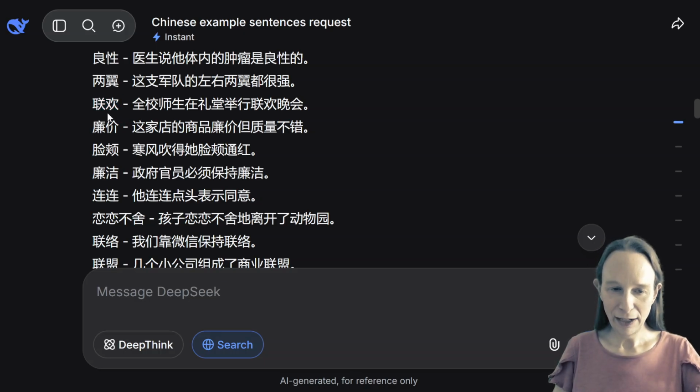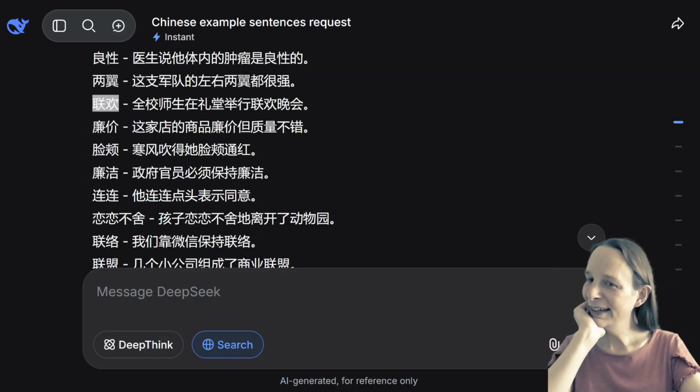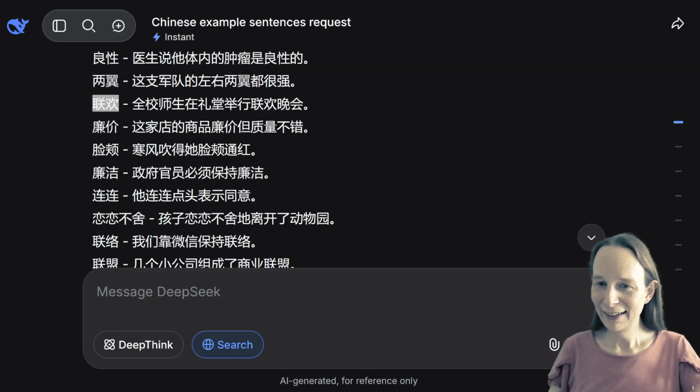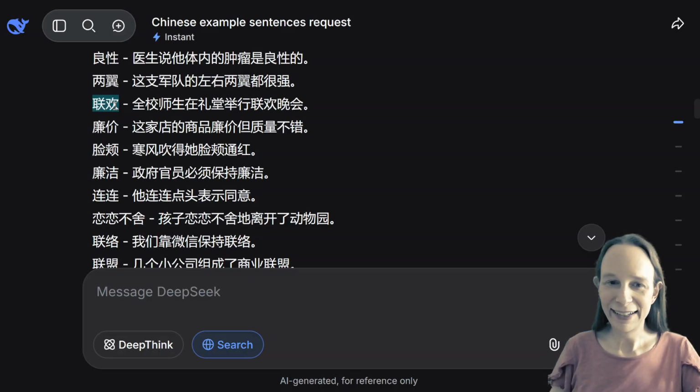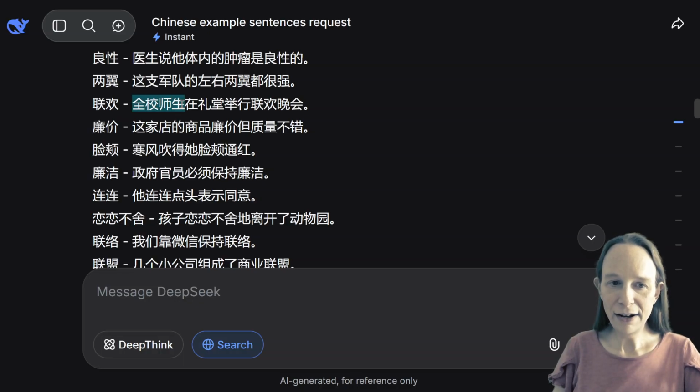All right, 联欢. Yeah, so this refers to, it's an abbreviation, isn't it? I forget what. It's the gala on TV at New Year's, right? 联欢? Oh, maybe it's not. Just a get together, connect and be happy. 全校师生在礼堂举行联欢晚会.